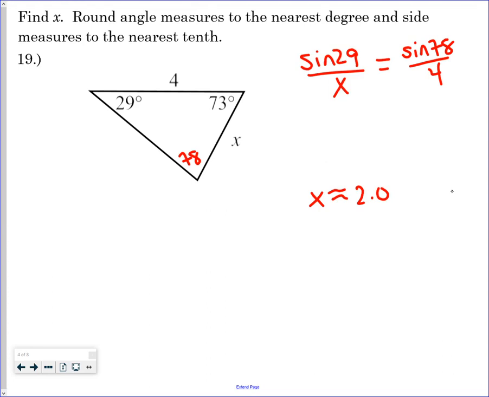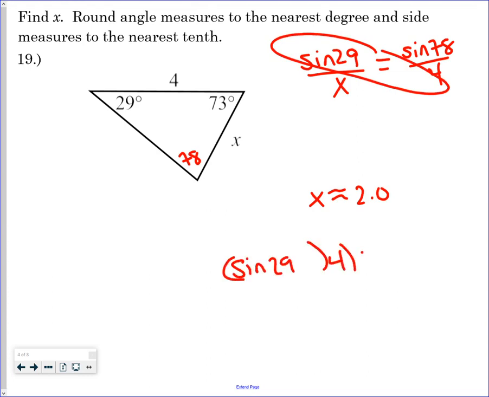Okay, so yes, we can do all this in our calculator. We don't have to write a thing down, but the problem is when you come back to this later, you might forget how we got there. So I'm going to write it down just so we know when we go back to our notes later how we got there, but you don't ever have to do that on an assignment. Does that make sense to you? Okay, so if we weren't using our calculator, we would have said sine of 29 times 4 equals sine of 78 times x, and we would have divided by sine of 78, right?